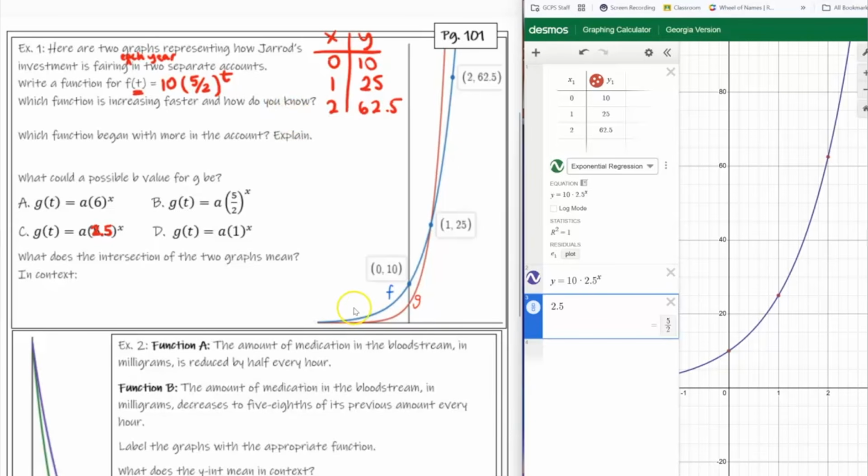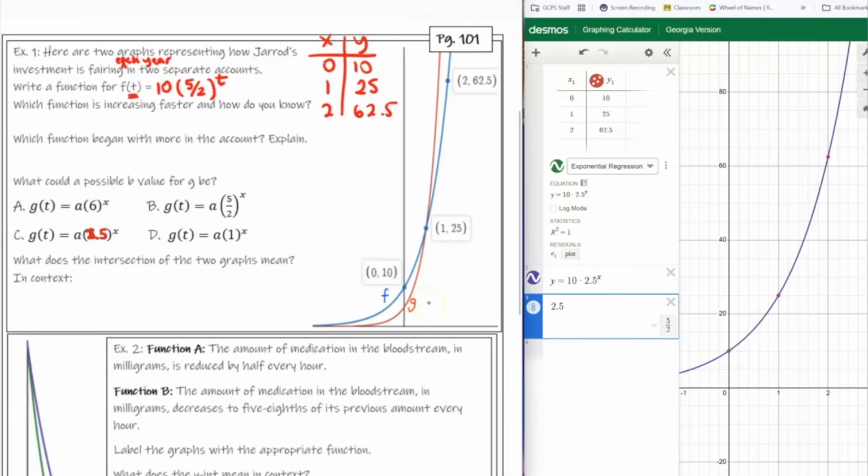Which function is increasing faster and how do you know? The steeper the slope, the faster it's increasing. Or you can look at it as whichever one's closest to the y-axis as it gets really, really big is the steepest, because you can see that this one comes down really quick, whereas this one is a little bit more gradual. So which function is increasing faster? The one closest to the y-axis, or the steeper one, which is g.